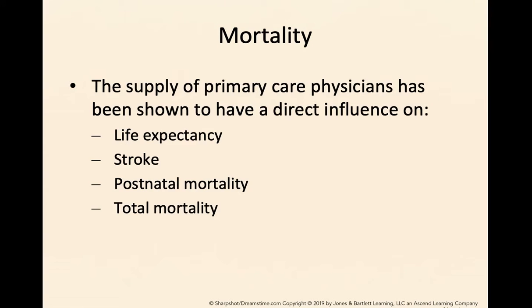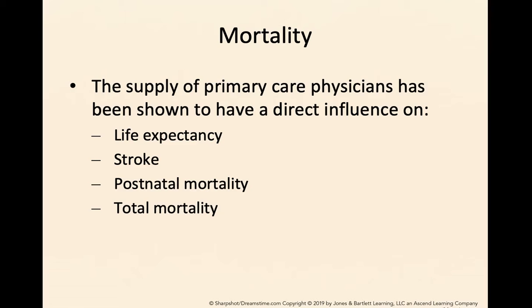Mortality, on the other hand, is defined as deaths in any given population. Increases in the supply of primary care physicians result in lower death rates from preventable diseases. So it just makes sense. There are fewer deaths in a given population where there is enough primary care because of preventive care.